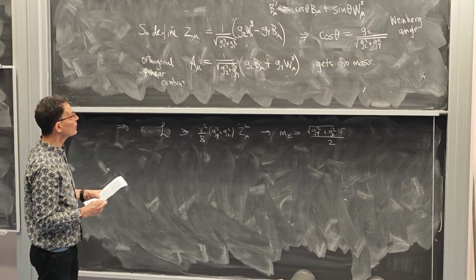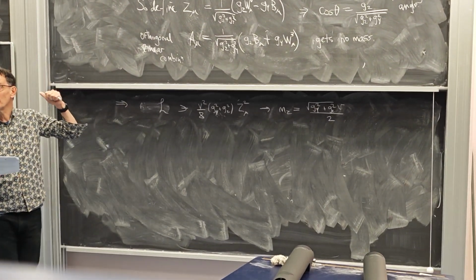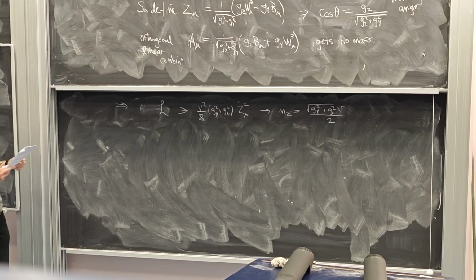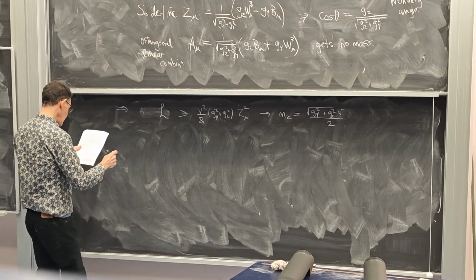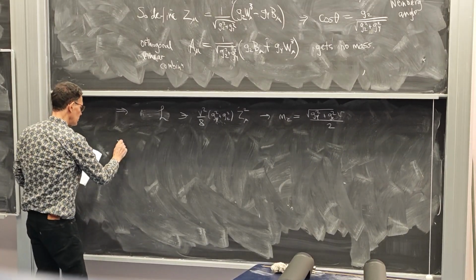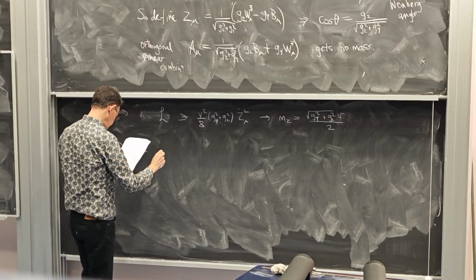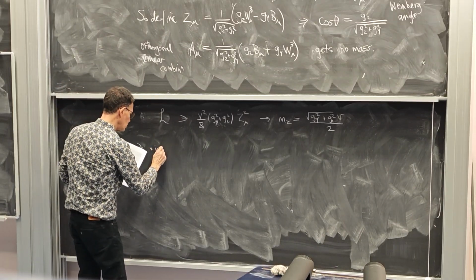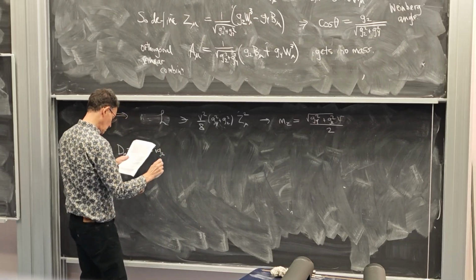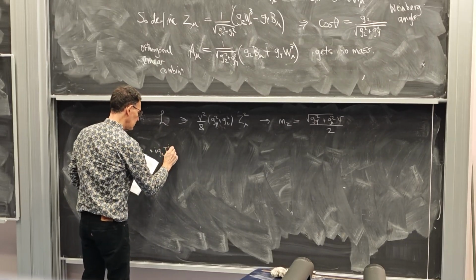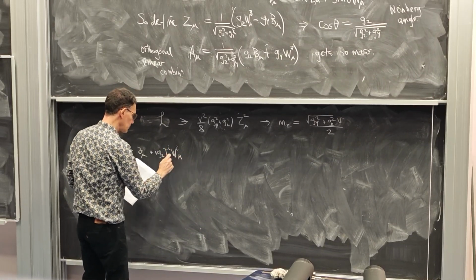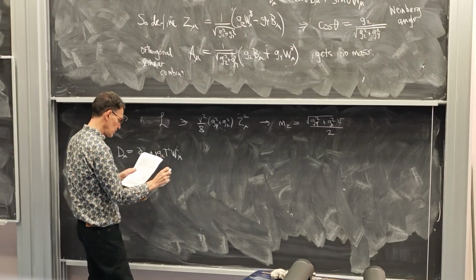Right. So now we want to get this formula Q is T3 plus Y. How do we get that? Well, as always, we just start from the covariant derivative. Plus i g2 T^i W^i mu. This is the SU(2) covariant derivative.